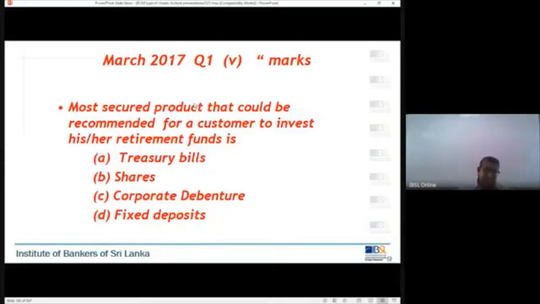Okay, take the fixed deposit now. You don't know which bank or which finance company issued this fixed deposit, no? Fixed deposits can also be issued by finance companies. There are instances like that. Most of the retirement funds were invested, my goodness.